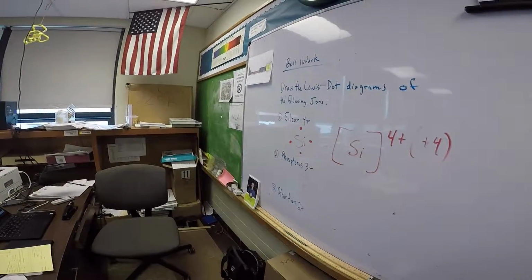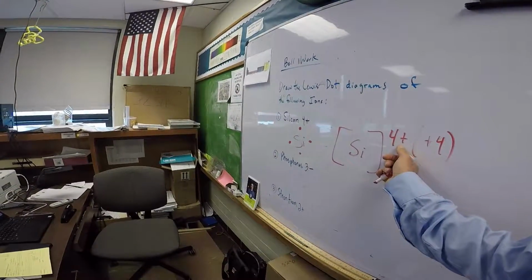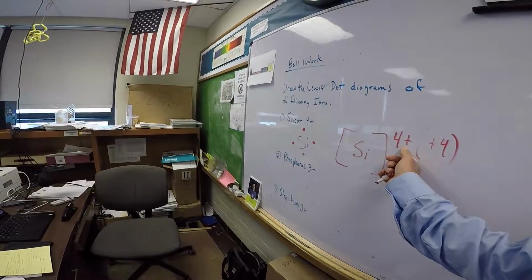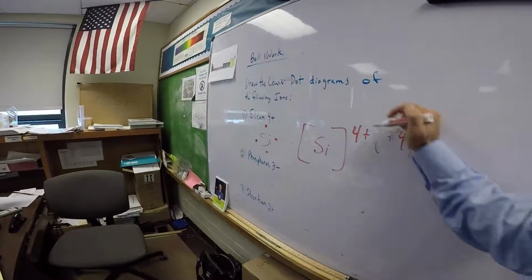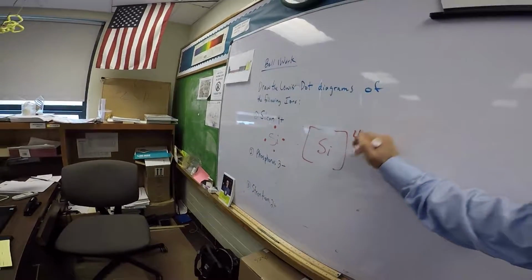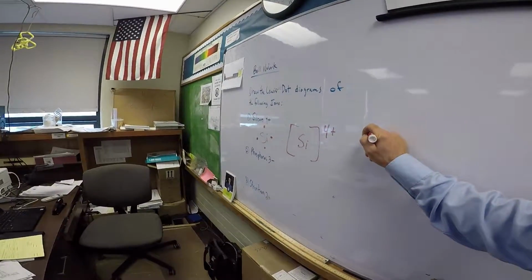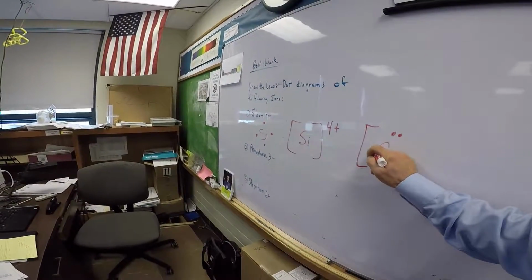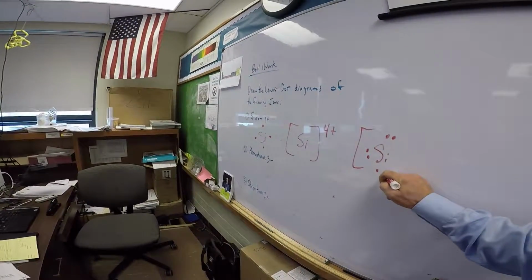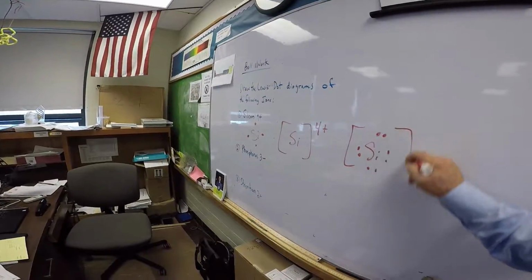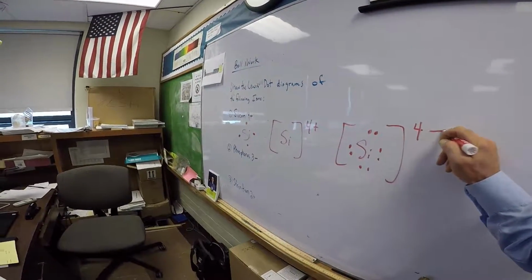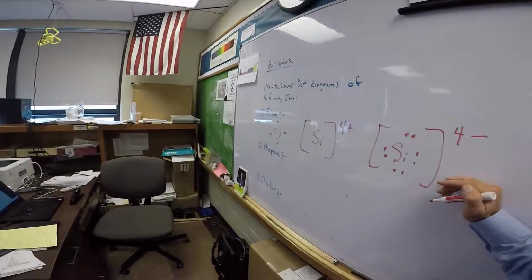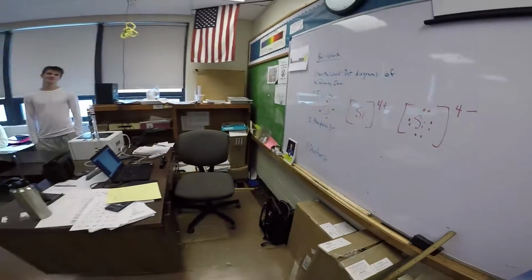When you lose electrons, what's positive is the protons in the nucleus. Is everybody clear? All right, so silicon can be written really 2 ways. You can also find it gaining electrons. Now, which one would you more likely find it as? Probably this one. But it can do this.